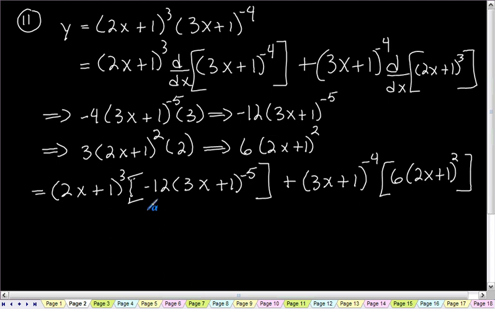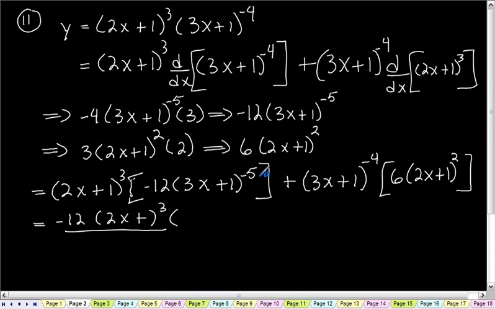Now we can simplify this just a little bit. I'm going to bring the 12 out because I can just multiply all the way across. So this is -12 times (2x plus 1) to the third power times, I'm going to put the (3x plus 1) to the -5 on the bottom.